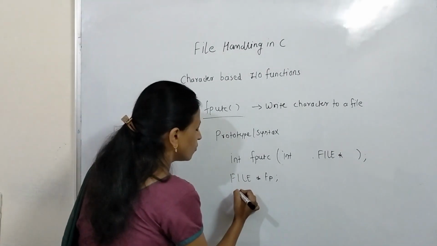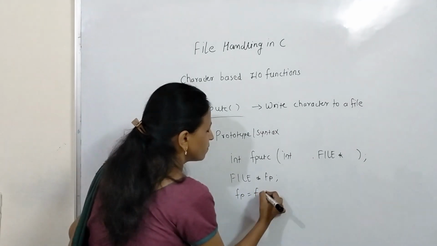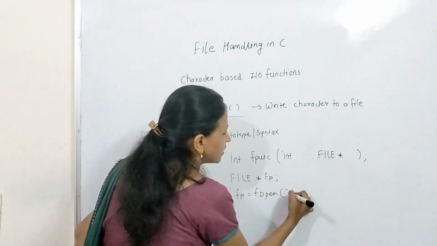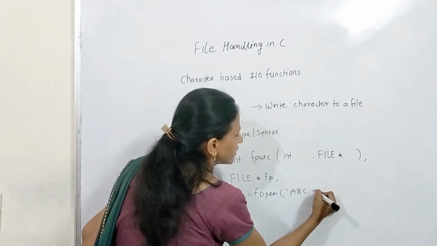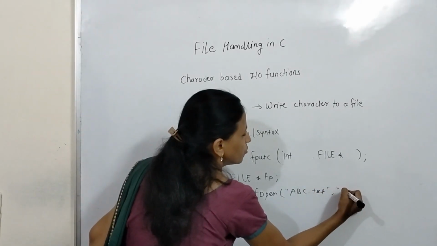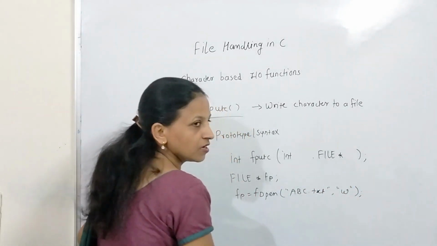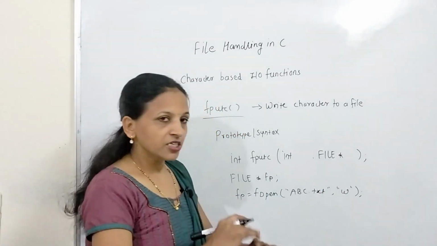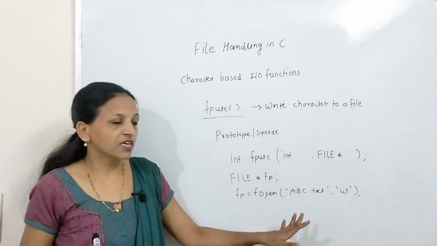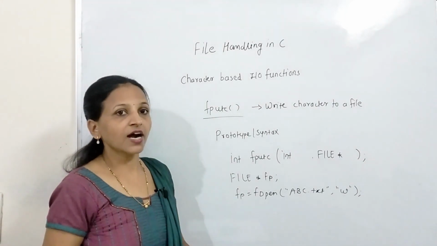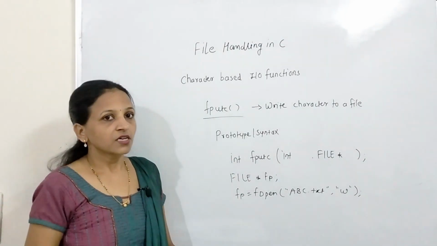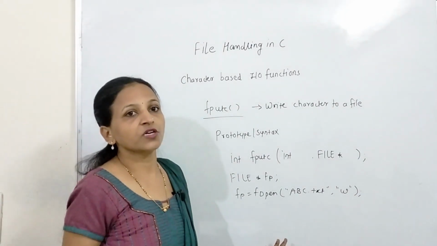How? We open it like fp equals fopen, again the same name abc.txt, in write mode. Now what will happen here? If abc.txt is already present in memory or on the hard disk, then the fopen function will clear all the contents of that file.